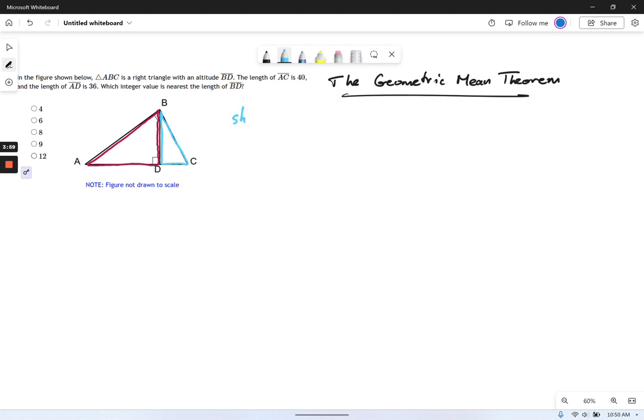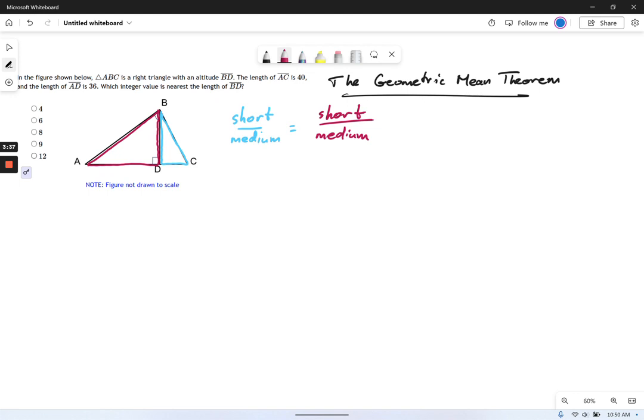I could say the short side of the blue triangle divided by the medium side of the blue triangle is equal to the short side of the red triangle divided by the medium side of the red triangle.